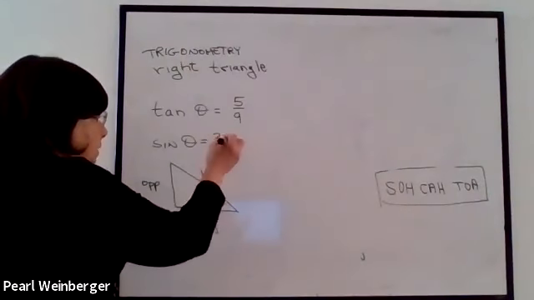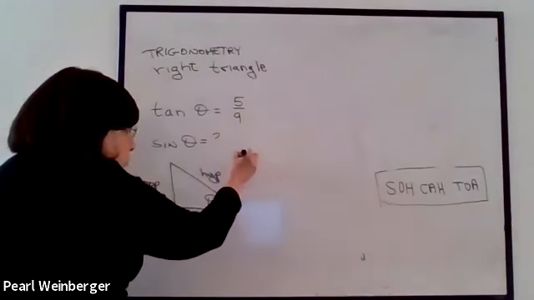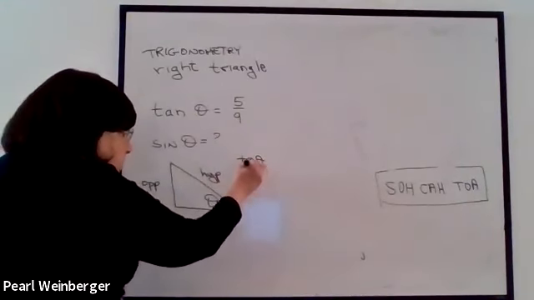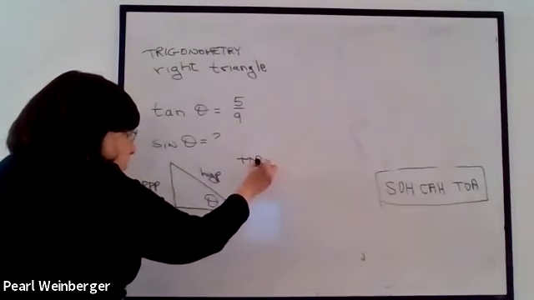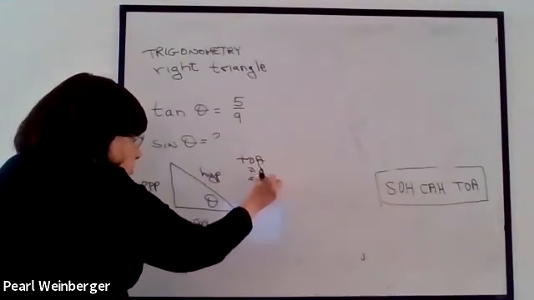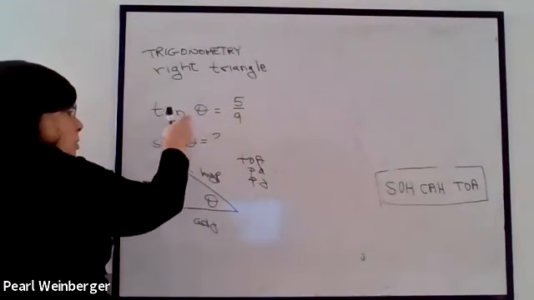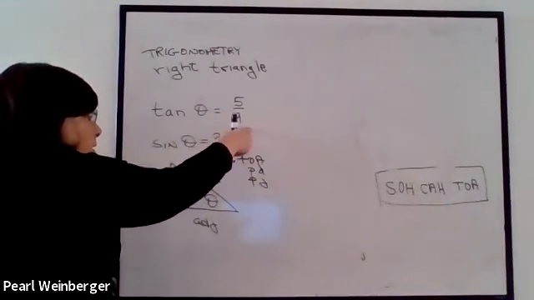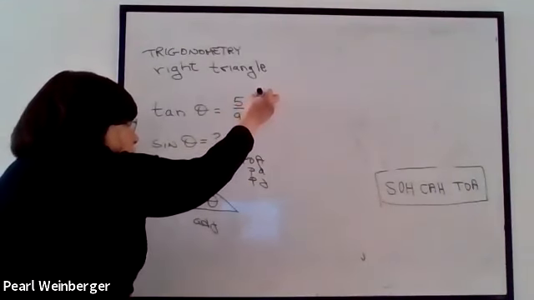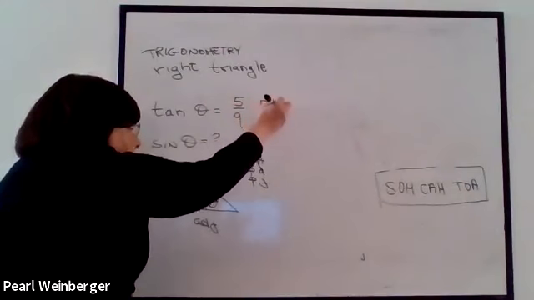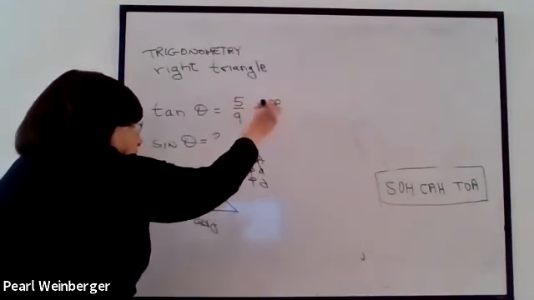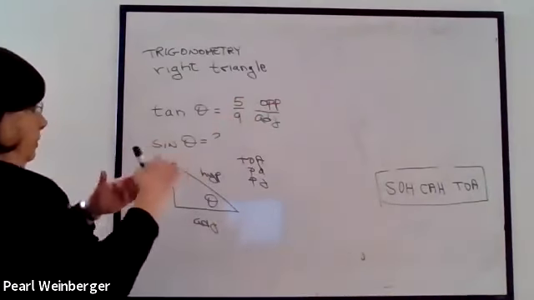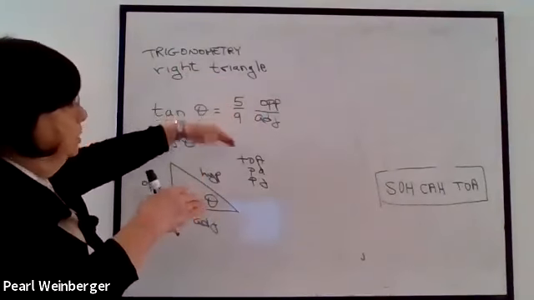Now, what do I know about tangent? Tangent is TOA. So tangent is opposite over adjacent. So when I tell you that the tangent of theta is 5 over 9, it must mean in the triangle I'm talking about, the opposite side is 5 and the adjacent side is 9, because tangent is opposite over adjacent.